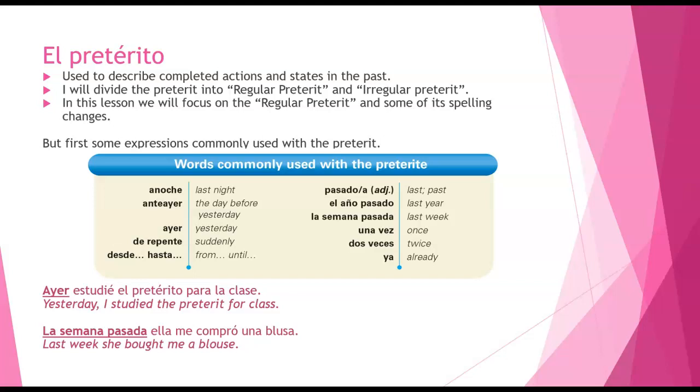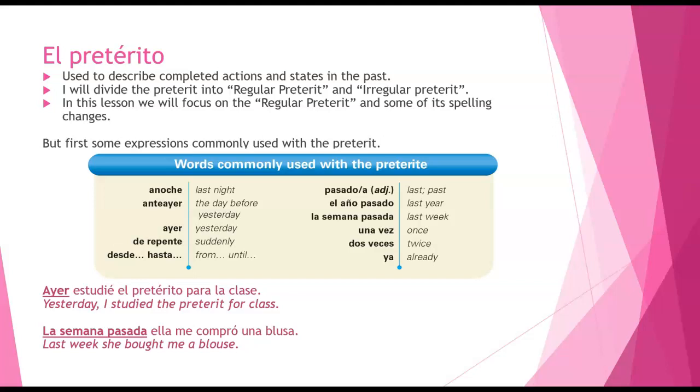Now, first, there are some expressions that are commonly used with the preterite, words like anoche, anteayer, ayer, de repente, desde, hasta, como desde el lunes hasta el viernes, pasado, como el verano pasado, la semana pasada, el año pasado, una vez, dos veces, and you can even go on like tres veces, cuatro veces, and ya.